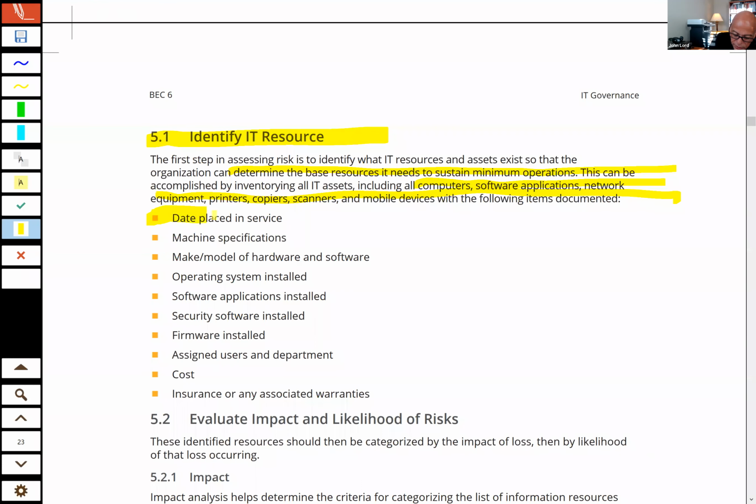And so we're going to look at these. When were they placed in service? Machine specifications, make, model, operating systems installed, software applications installed, security software, firmware installed. All of these things are important so that we know what we had before the disaster came, right?